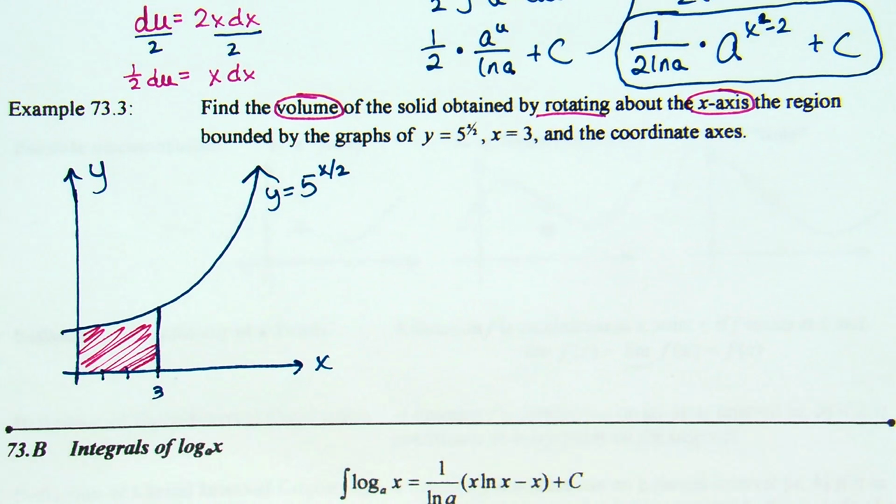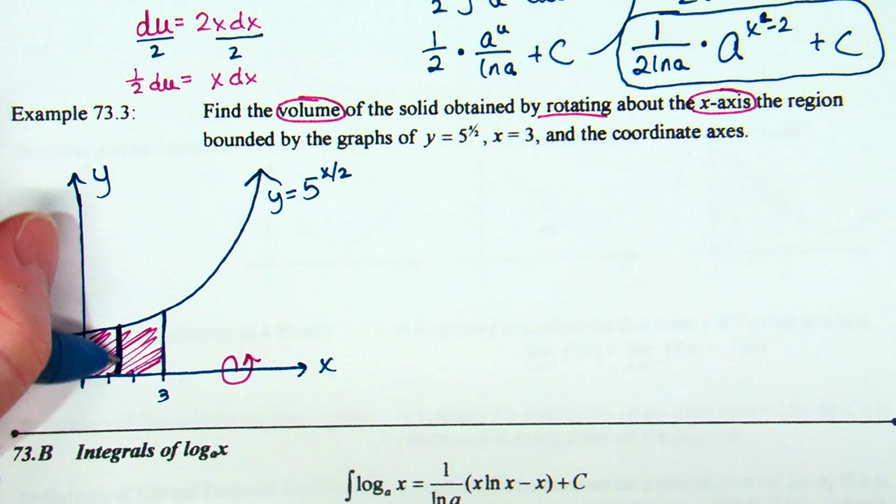We're rotating about the x-axis, and since we're rotating about the x-axis, the dx is that vertical rectangle, yes? So it's going to make that circular slice when it rotates about.